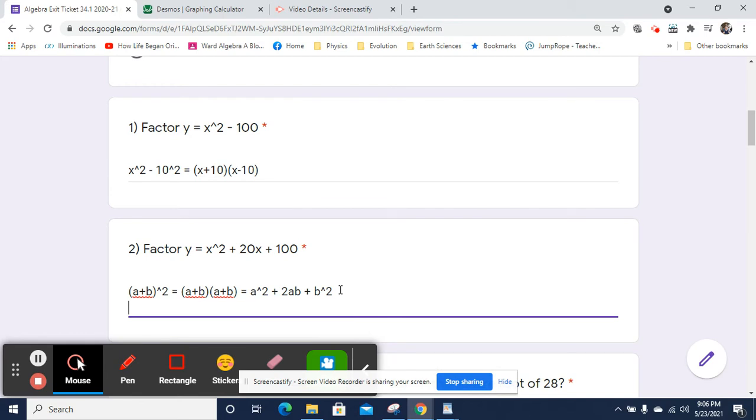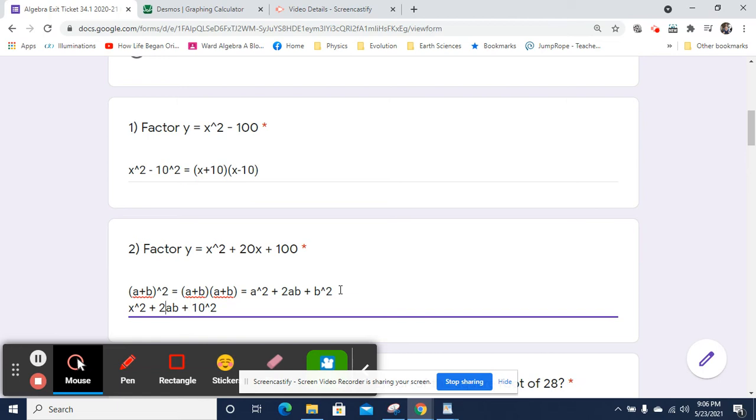So let's check it out. If I set this up using this structure, I'm going to say a is x in this case, so x squared, and b is going to be 10, because 10 squared will be 100.